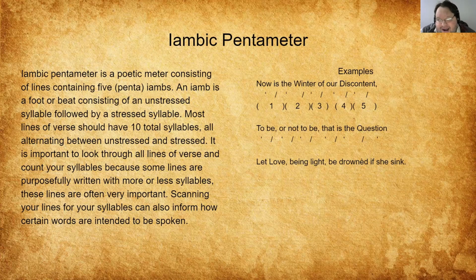So anytime you see that accent above the E, that means the suffix is separated out from the rest of the word. And there we have our perfect line of iambic pentameter. By separating that out, it helps you there.